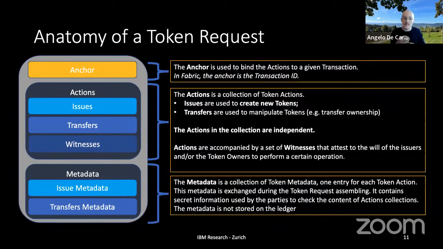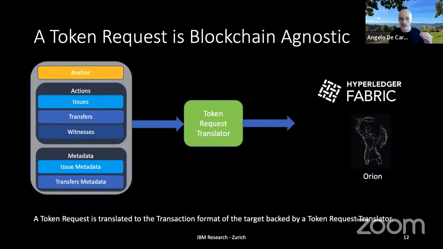So the metadata is the section where Alice and Bob exchange secrets that allow them to understand the actions that they are discussing. So this is the main data structure in the token SDK, and it's manipulated by the token API.